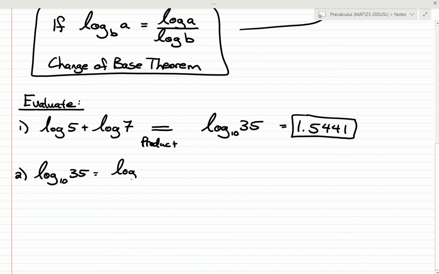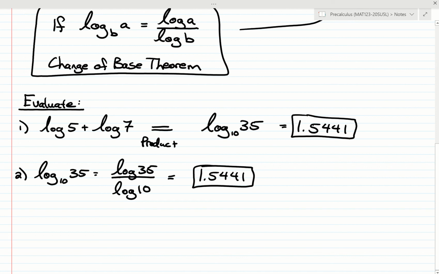Well, this would be the log of 35 divided by the log of 10, right? Now if you type this into your calculator, log 35 divided by log 10 is exactly the same number, 1.5441. So the question is, why is that?